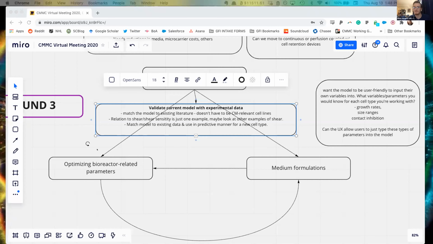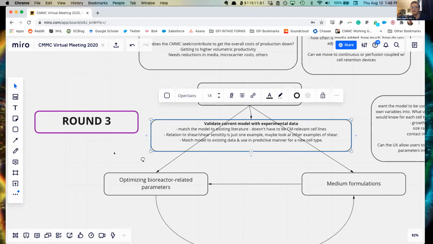So I use this little whiteboard to capture stuff for the meeting. Briefly, we covered, as this last talking point, it seemed like optimizing around cost reduction is a very umbrella goal that a lot of things can fall under. So we put that at the top. And then as a first order of business, it seemed that validating the current model with additional experimental data, either found in the literature or in partnerships, would be super important.